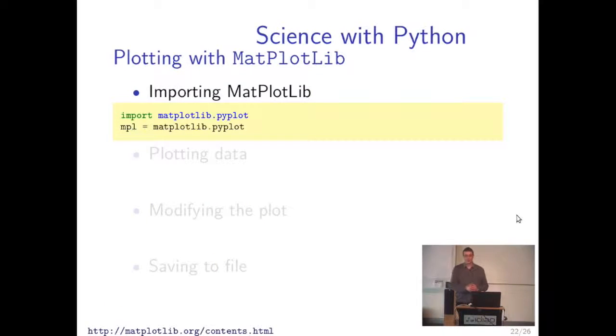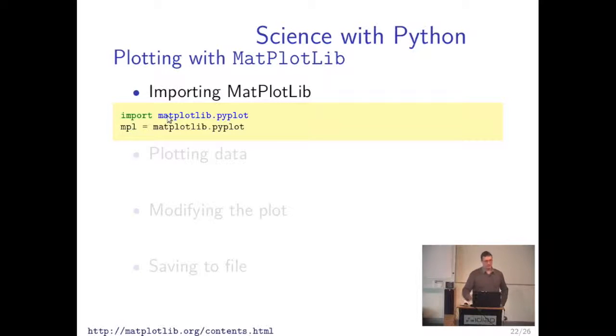But what I want to talk about today is how you can use Python for plotting. There is one module that is called matplotlib, and the plotting tools are in a submodule of it, which is called pyplot. So when you want to plot with matplotlib, you have to import matplotlib.pyplot.